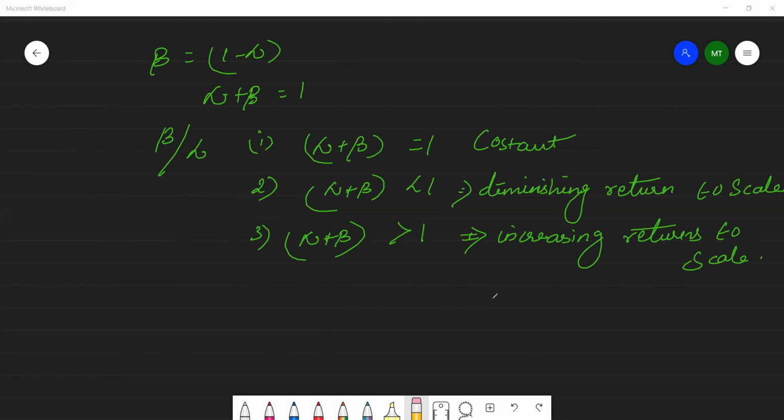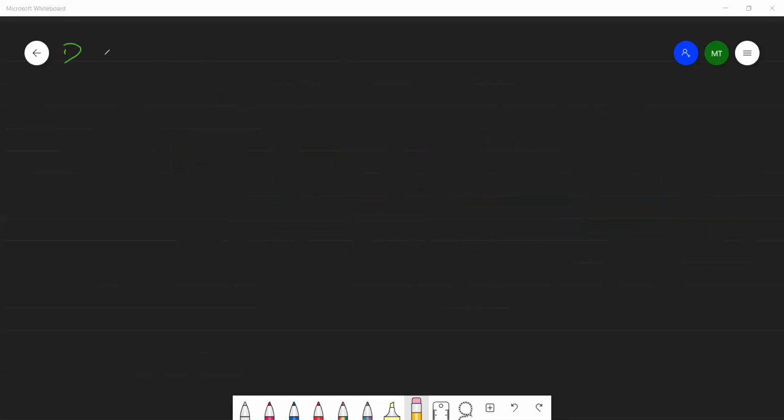The production function explains that with a proportionate increase in the factors, the output also increases in the same proportion.